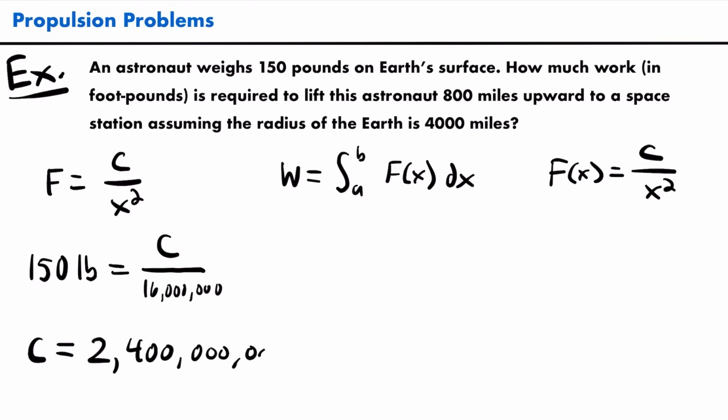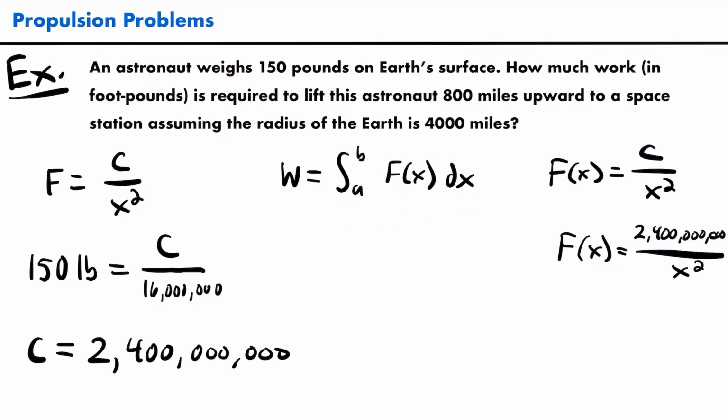It's a very large number, but that is going to be our constant of proportionality. And so our force function, capital F of x, will be equal to 2,400,000,000, or 2.4 billion, divided by x squared. And so we can use that in our work formula.